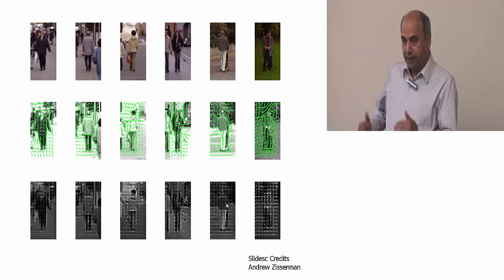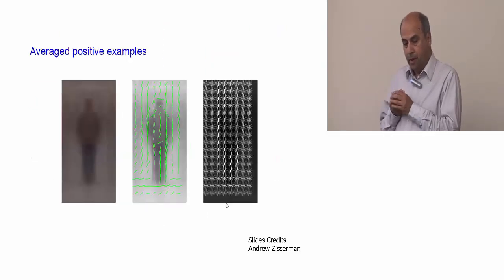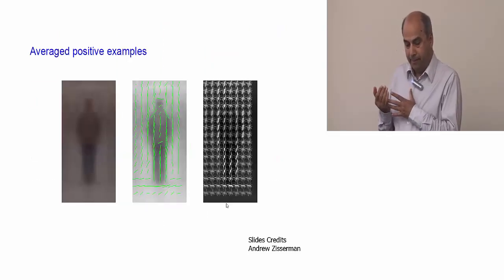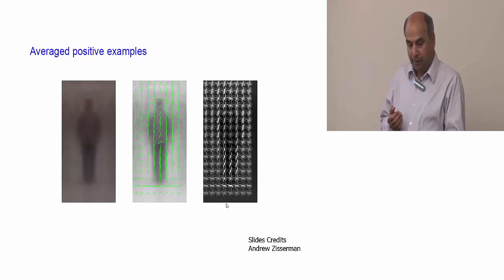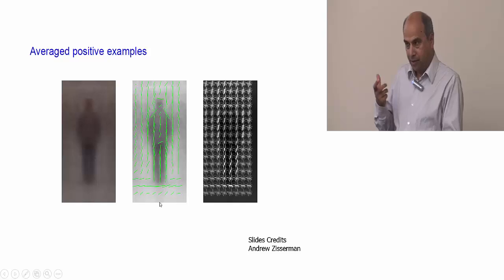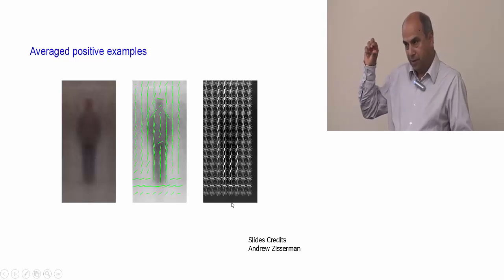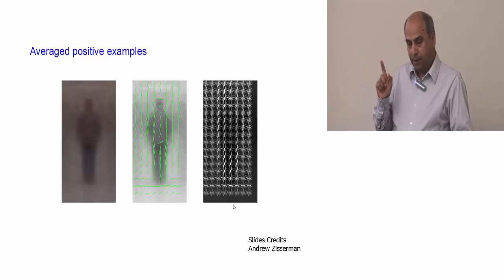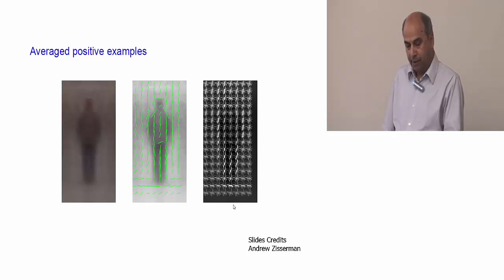Then you can take these positive examples and average them, and the average person may look like that. These are the edges, and this is the HOG. As you see, there's a HOG histogram in terms of the orientation. It shows you the direction where you have the highest peak. If you look carefully, it actually looks like a person. There are arms, there is a body, and so on.